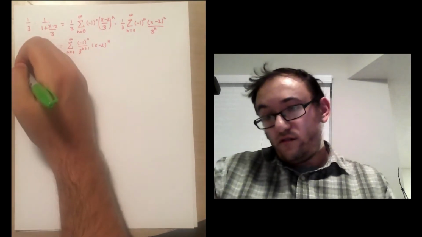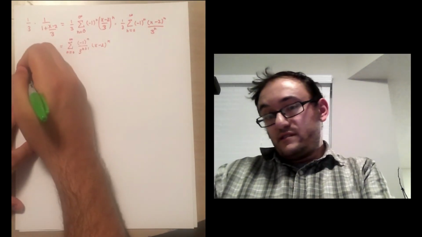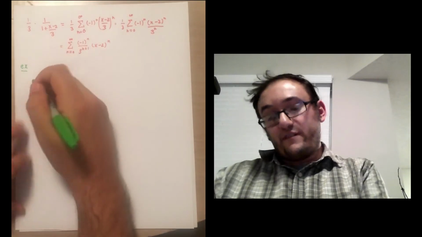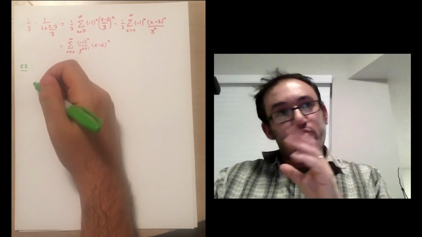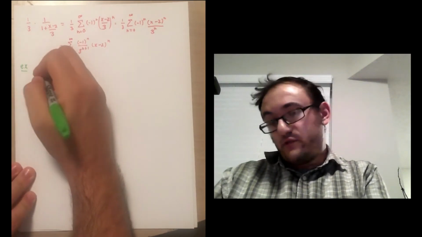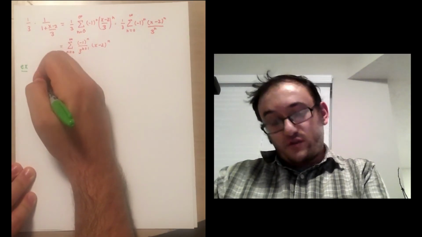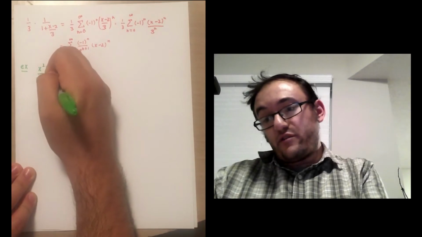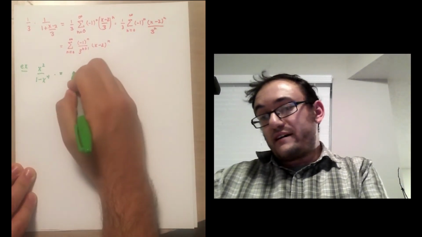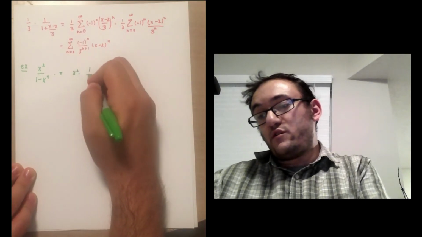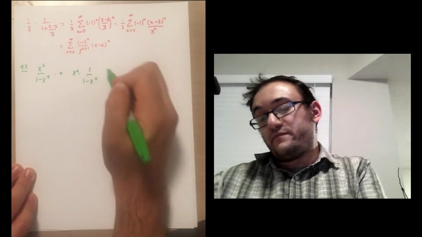Okay. So we can also use this strategy when we have a numerator besides 1. So if we have, for instance, x squared over 1 minus x to the 4th. Okay. So this is equal to x squared times 1 over 1 minus x to the 4th.